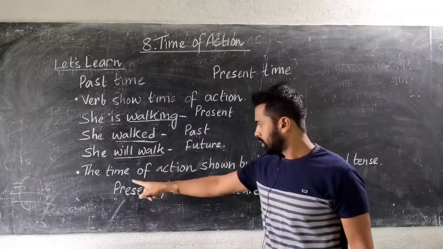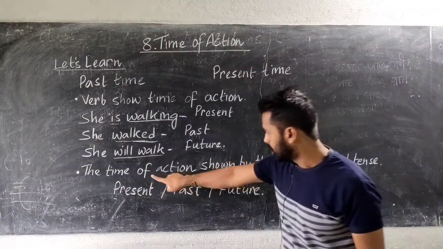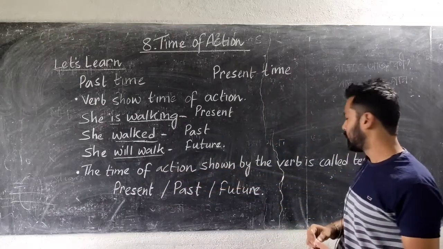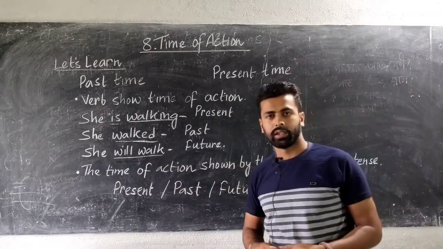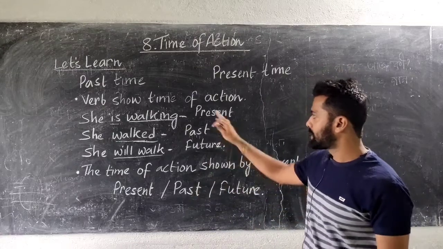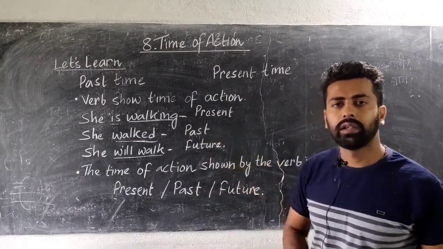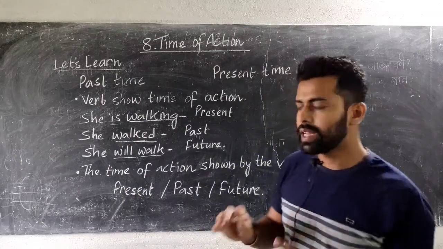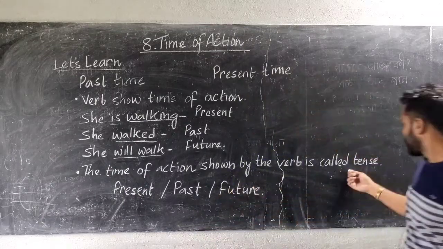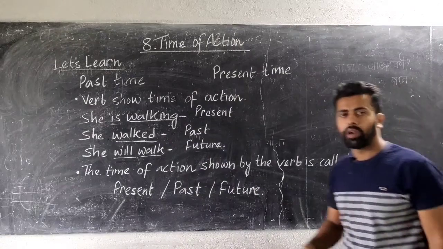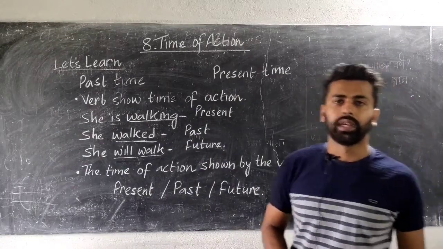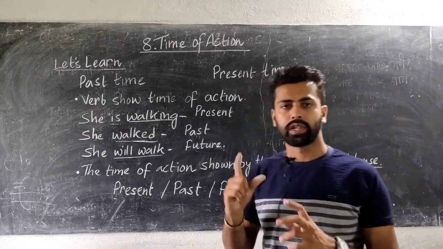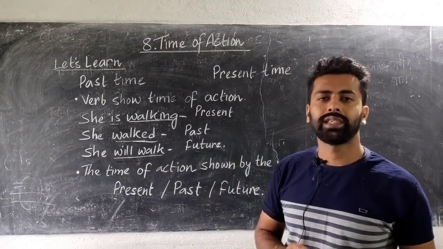Next you see, the time of action shown by the verb is called tense. Whatever time of action is shown by the verb, that time of action is known as tense. In grammar we have given a word to that particular time of action, that is tense.